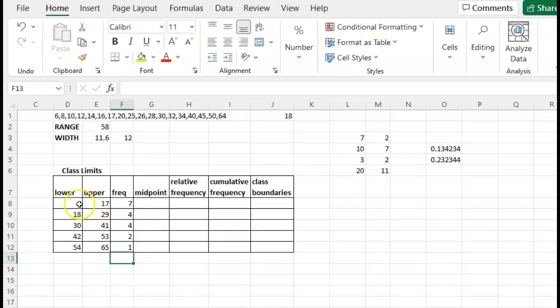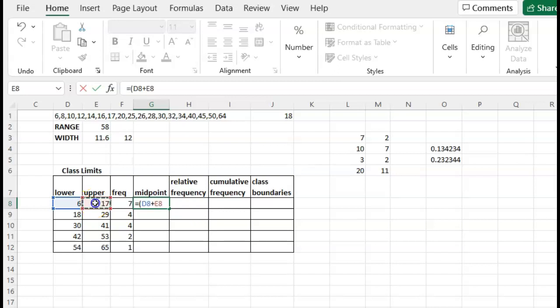Our midpoint, if you remember, is taking the lower and upper limit of our class, adding them together and dividing by 2. So I'm going to reference this number. Oh, I have to put this in parentheses. This number, and I'm going to add to it the upper limit, and I'm going to divide all of that by 2.